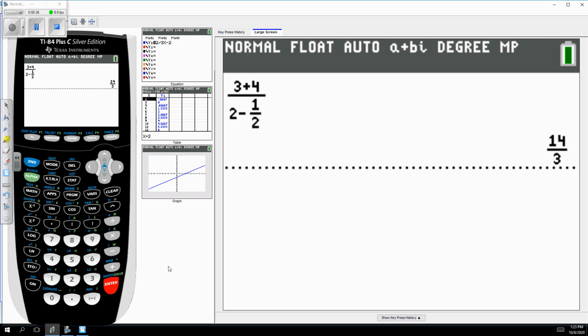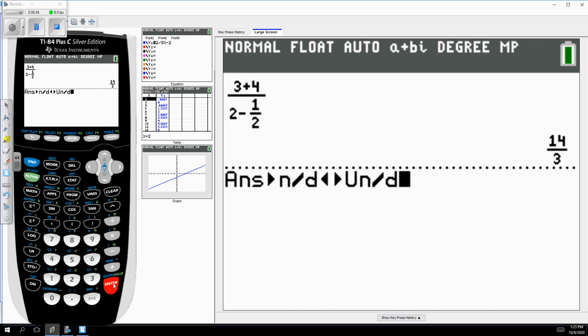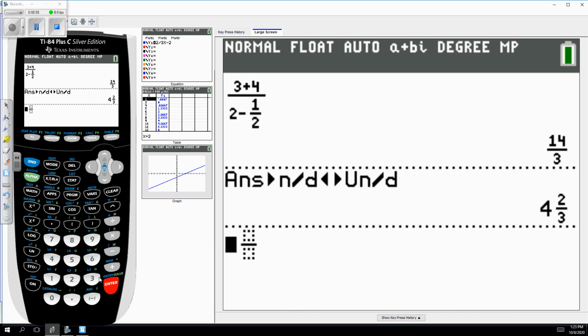Oh no, I want a mixed number. So you go alpha y equals, and you go 3. 3 changes a mixed to an improper, and an improper to a mixed. And then you all should know alpha y equals 2. That allows you to enter mixed numbers.